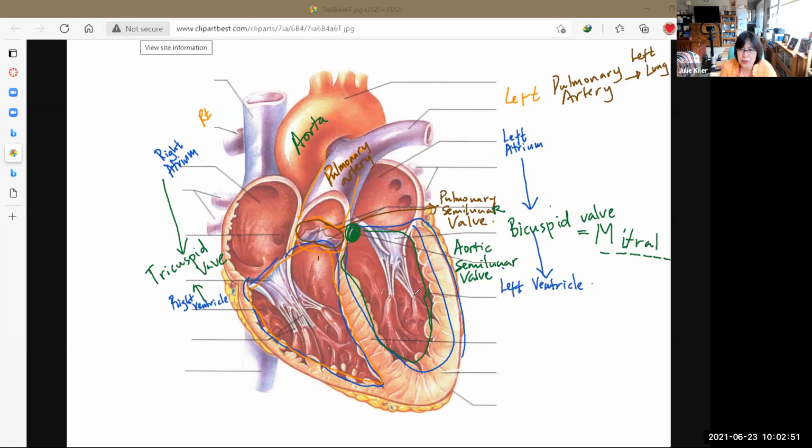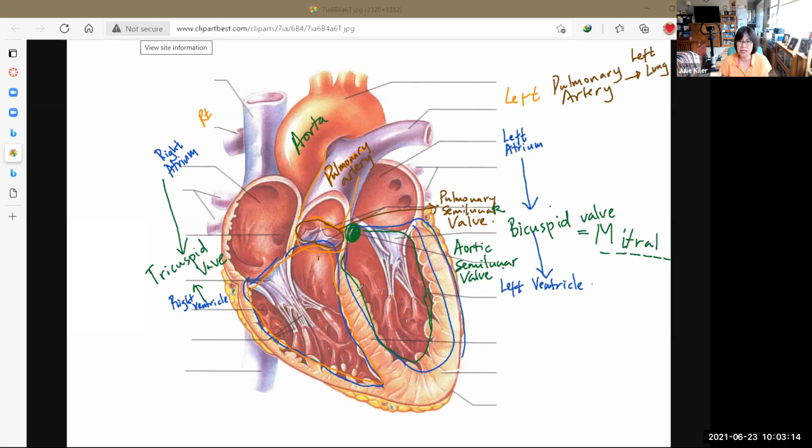All right. So where are we now? We already have 4 chambers, and then we have the 4 doors, valves, right? Tricuspid, pulmonary semilunar valve, mitral bicuspid valve, and then we have aortic semilunar valve.